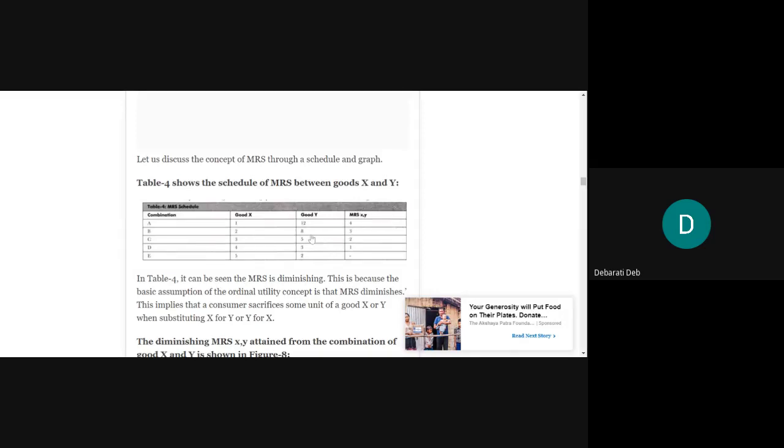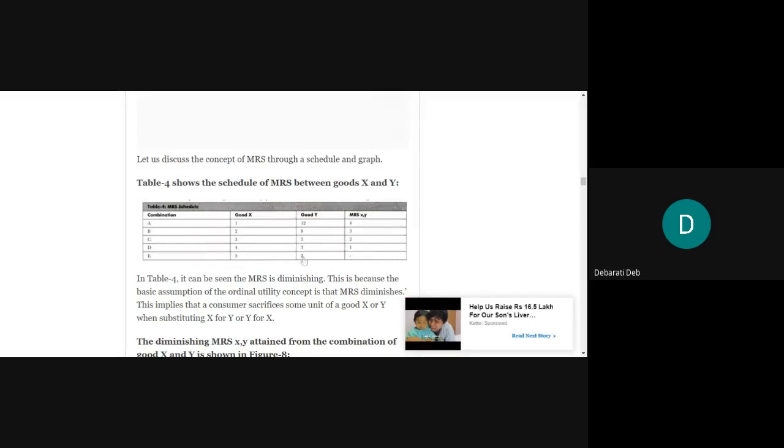Next one, it is 3. Difference is 3. Del Y is 3. And del X is again 1. So 3 by 1 is the next marginal rate of substitution. Next one here, in this case, we are changing by 2 units good Y. Del Y is 2 and del X is 1. So 2 by 1 is 2.